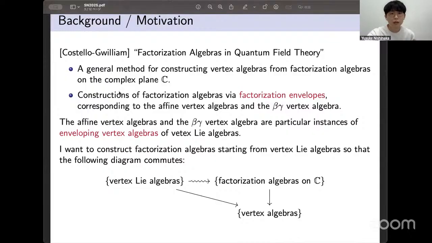In fact, Costello and Williams give a general method for constructing vertex algebras from factorization algebras. They also construct factorization algebras corresponding to the affine vertex algebras and the beta gamma vertex algebras using what are called factorization envelopes.